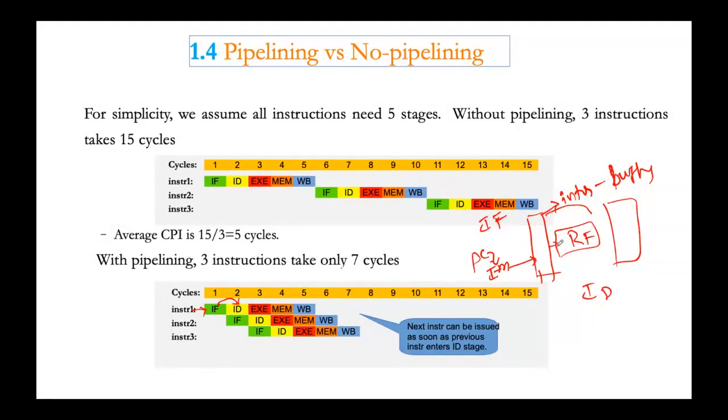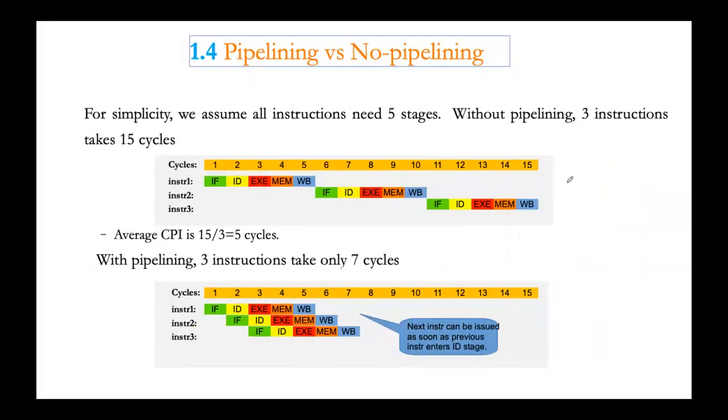When the first instruction goes there, the program counter and memory unit become idle. So the first functional unit, the instruction fetch stage, is idle, and the second instruction will be given as an input to it.